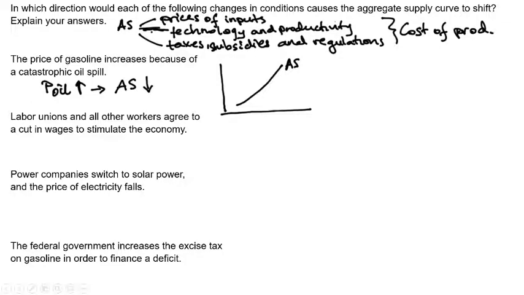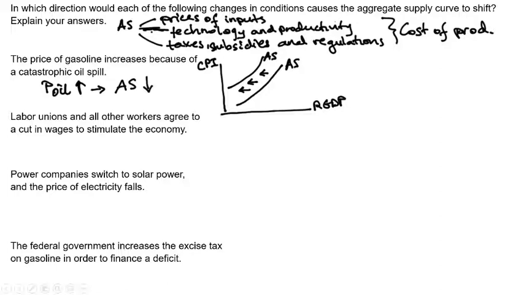And that is again the relationship between the price level, the CPI, and real GDP. With an increase in the oil prices, the cost of production will increase, lowering aggregate supply. That is a leftward shift in AS.